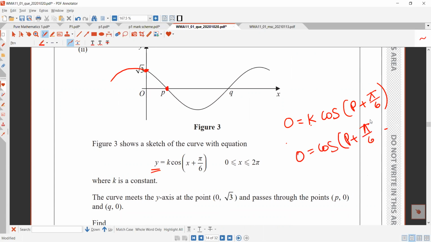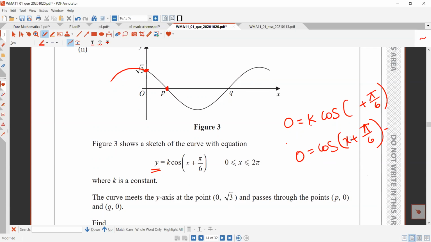Let me write the K, constant now, right? Let me write X. Tell me what you were trying to say. Can't we do like 2 cos of x plus pi by 6?